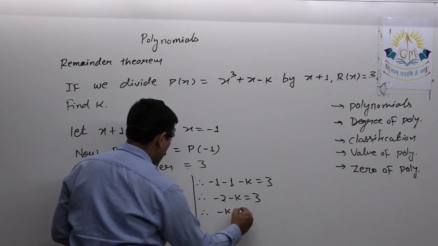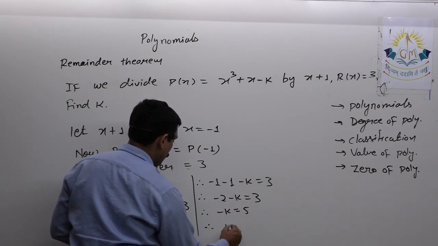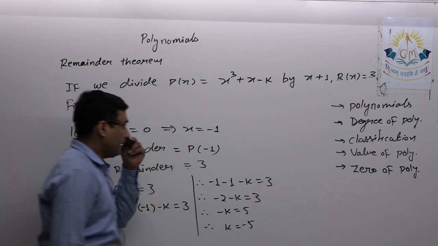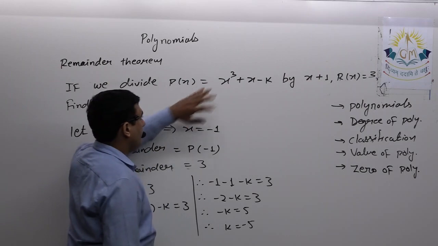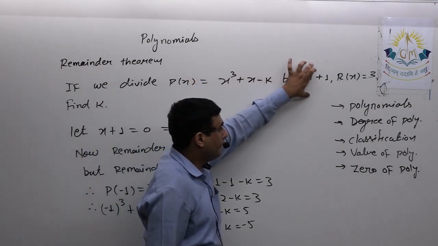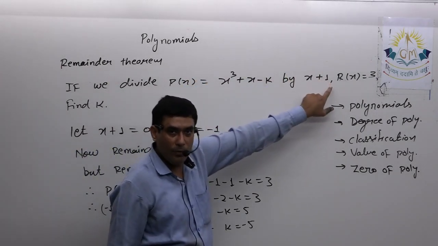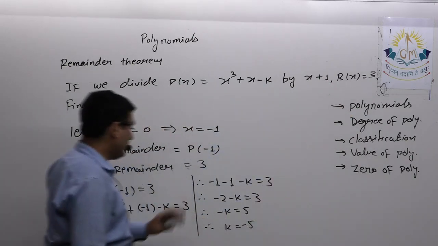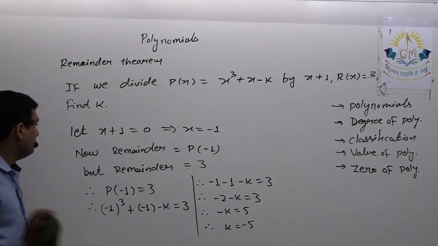So minus k is equal to 5, so k is equal to minus 5. So this is the answer. The concept is simply the remainder theorem. According to the remainder theorem, the remainder must be p of minus 1, and according to the question the remainder is 3. So by equating them we will get the value of the unknown.